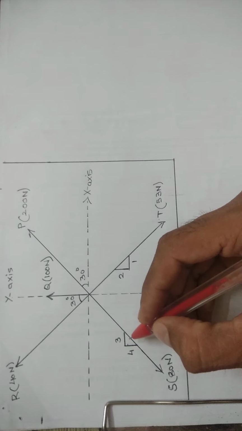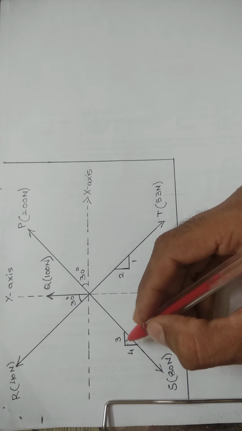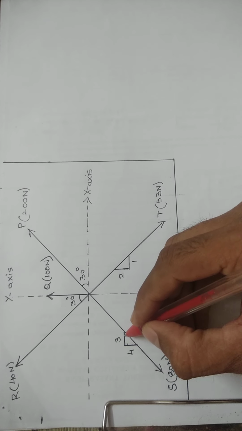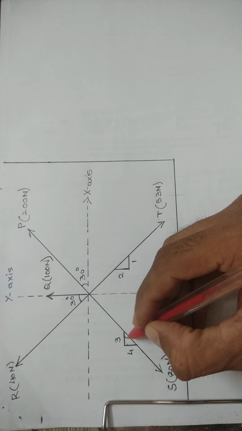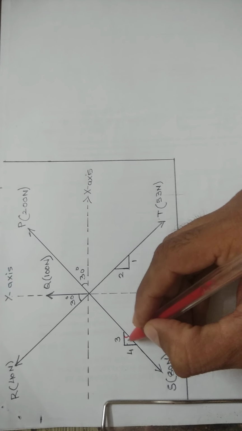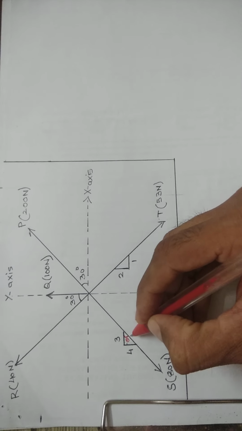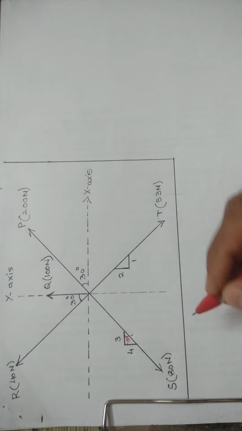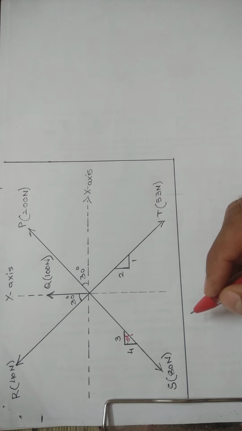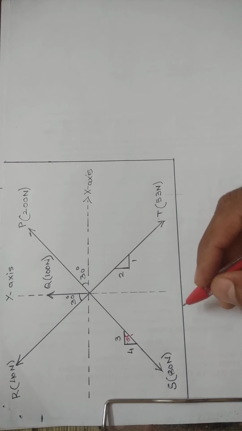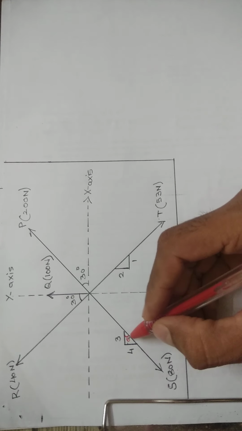One thing to keep in mind while finding the angle from the slope is that it should make an angle theta 1 with the horizontal.